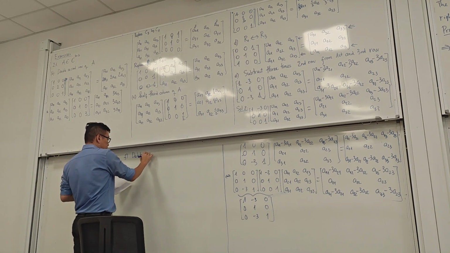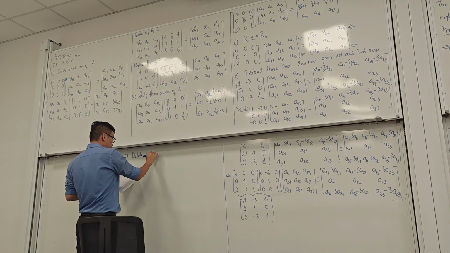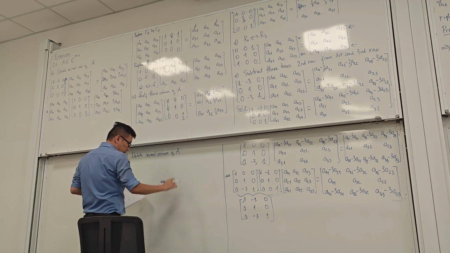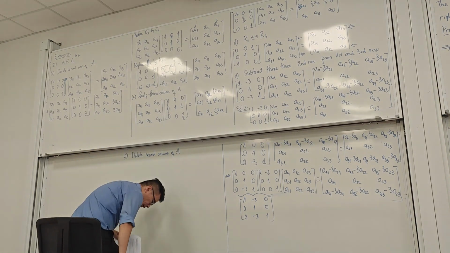Delete second column of A. Delete second column of A is the following.